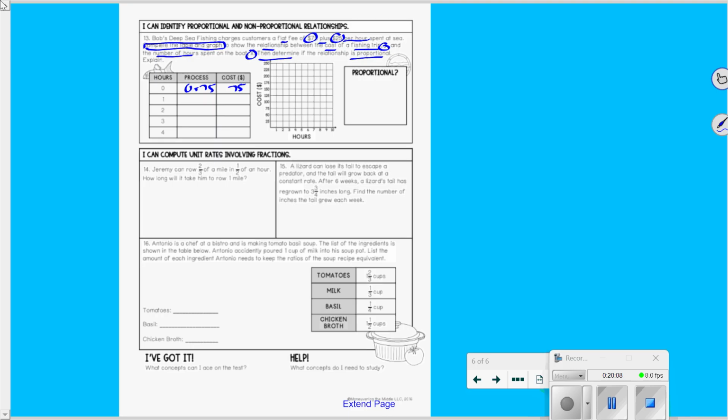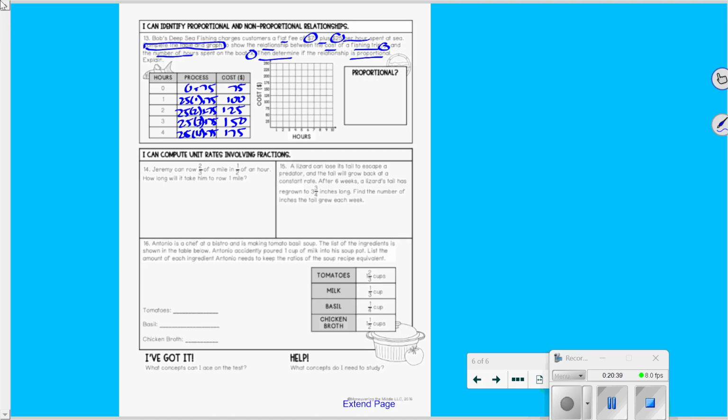At 1 hour, it's $25, so 25 times the 1 hour plus the 75 is going to give me a cost of $100. Then it's going to be 25 times the 2 plus the 75, so that's going to give me $125. $25 per hour times the 3 plus the 75 is going to give me $150. 25 times the 4 plus the 75 is going to give me $175.